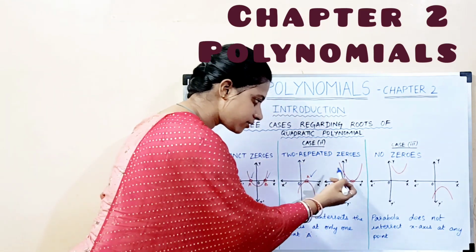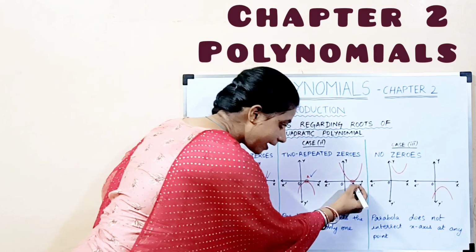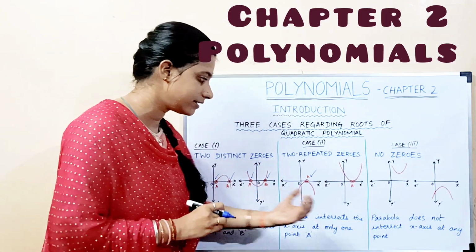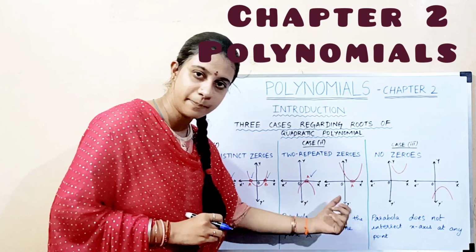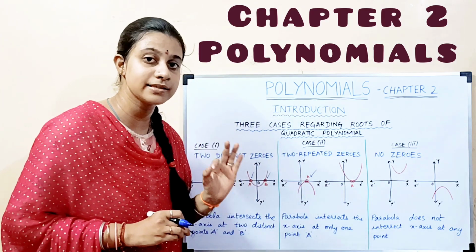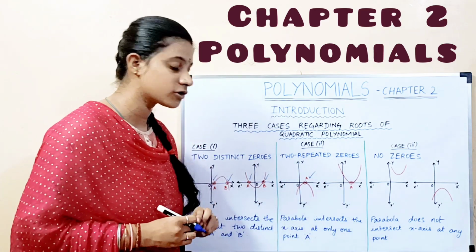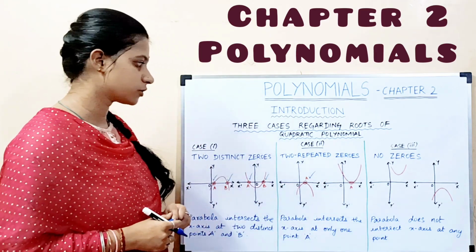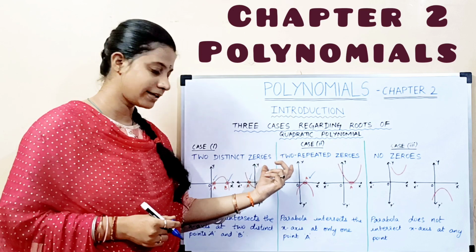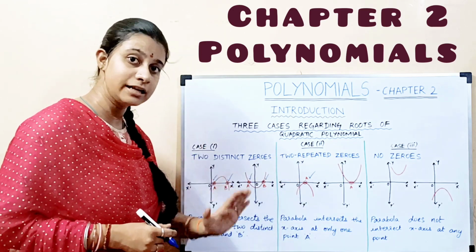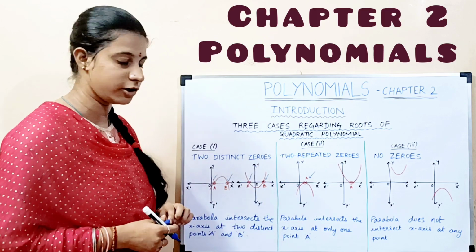Either it is downwards or upward parabola, the parabola intersects the x-axis only at one point. In this case, we say that since the parabola intersects the x-axis at only one point, it contains two repeated zeros or two same zeros. In these two cases, that is in the first two cases, we can see that there are two real zeros for the quadratic polynomial.